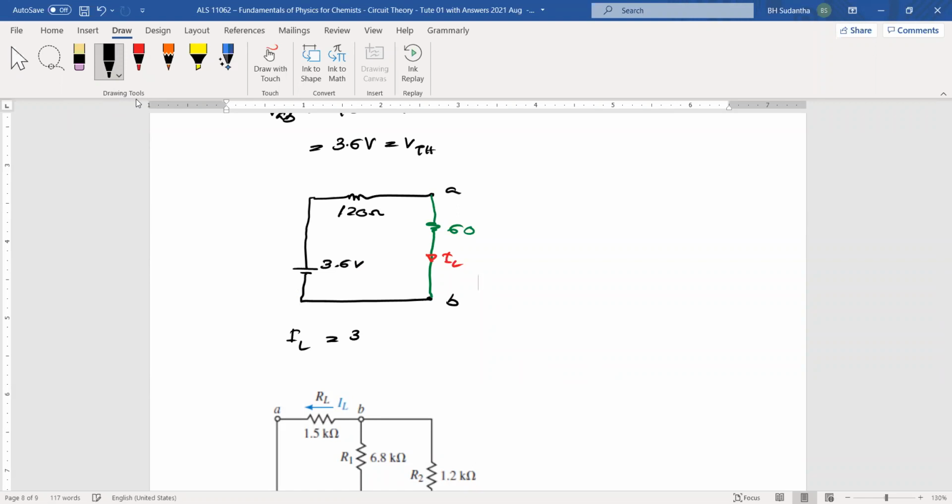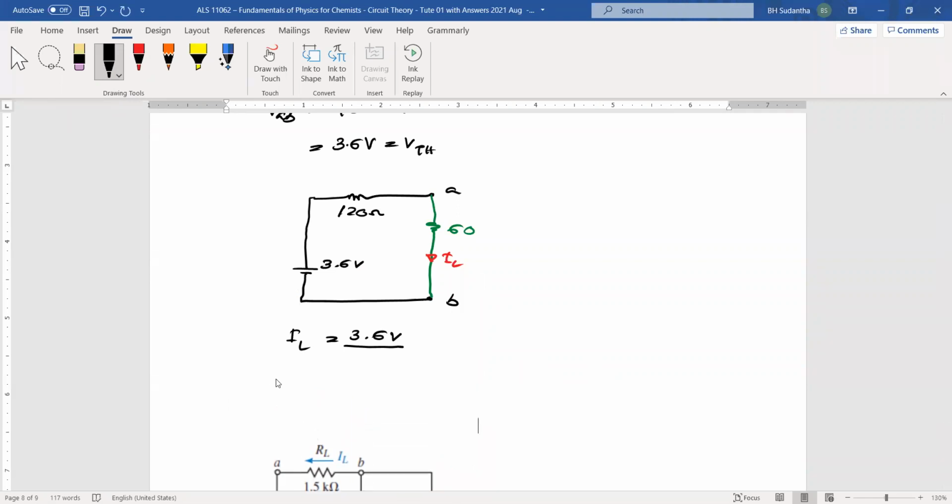IL equals 3.6 volts divided by 120 ohms plus 60 ohms. 3.6 divided by 180.